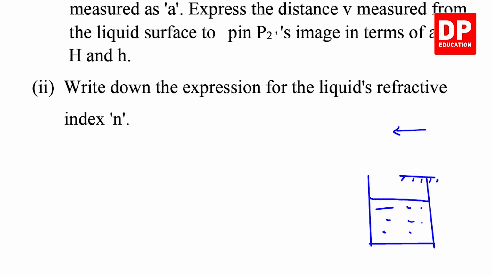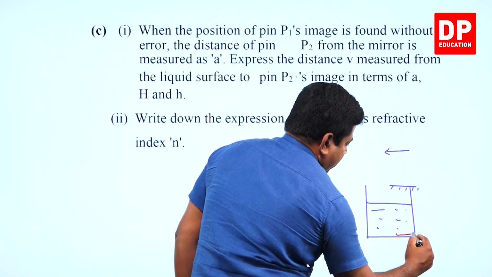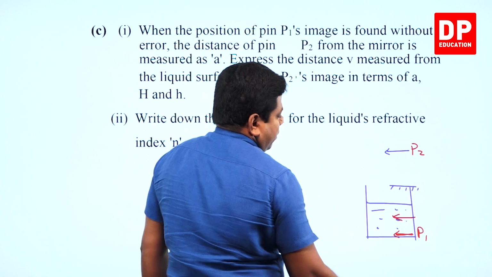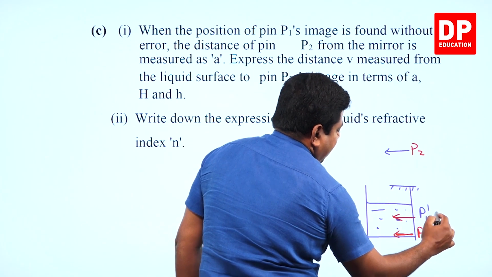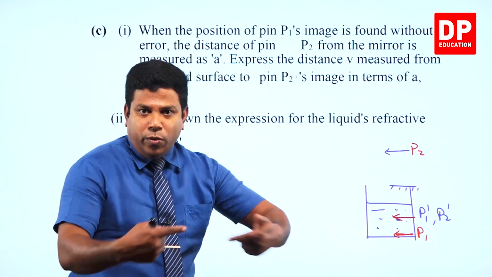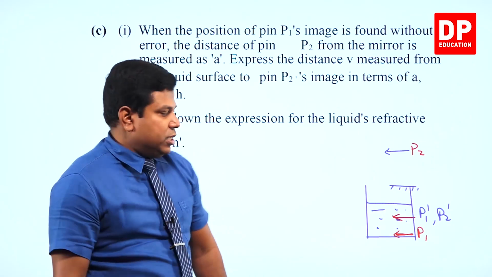You already had a pin here. So this is P1. This is P2. P1's image will be somewhere here. Right? This will be P1's image as well as P2's image. Why? You have coincided both images.